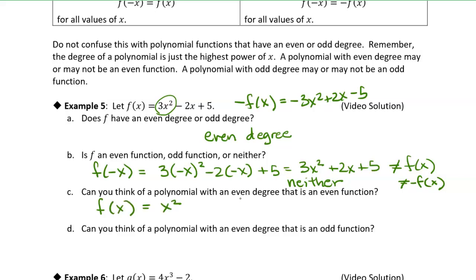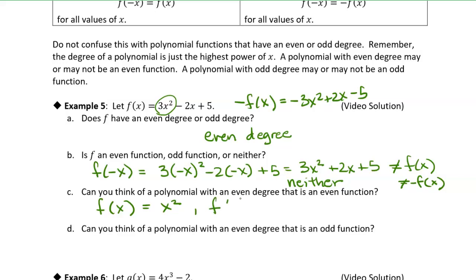If we look at f of negative x, we square it, it's going to be the same. f of negative x is going to be also x squared. So this one would be an example of an even degree polynomial. It's only got one term, but it's still a polynomial that is also an even function.